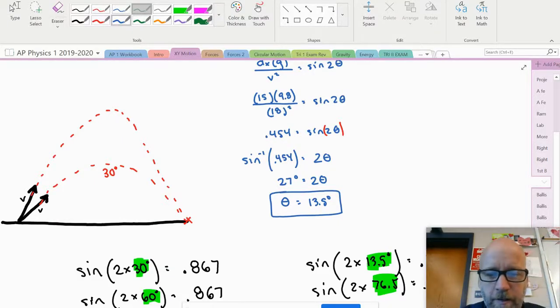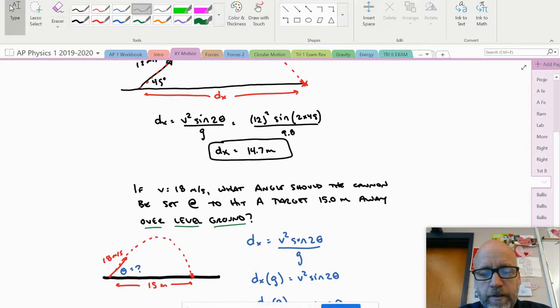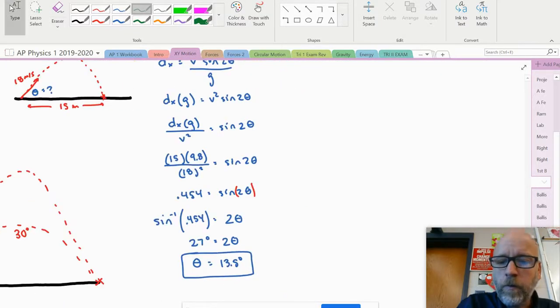Because if I look at the range formula, v squared sine of 2 theta, so for 45 degrees, let me finish this thought and then let's call it.